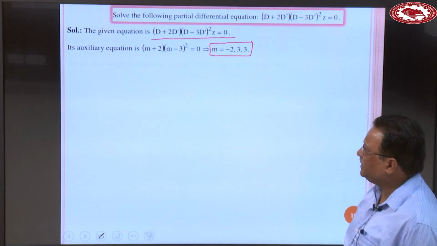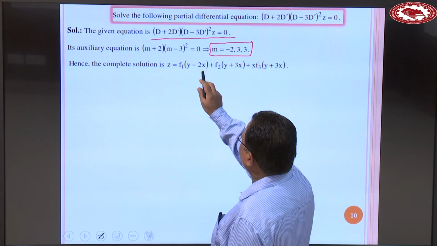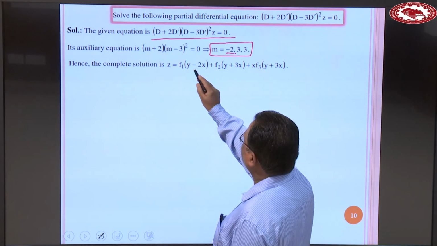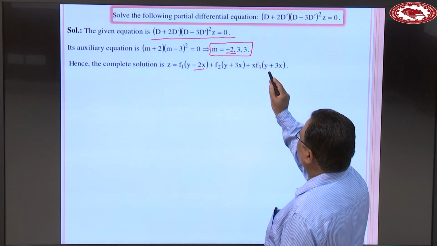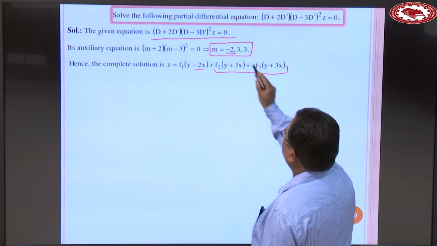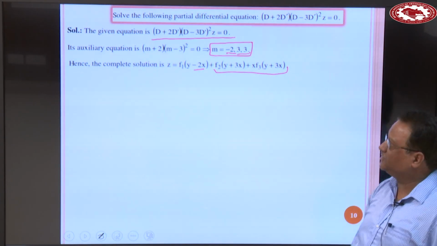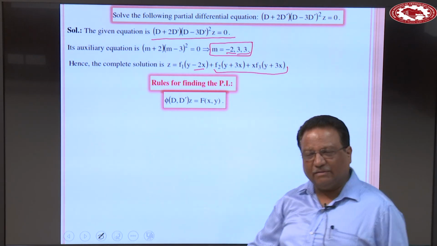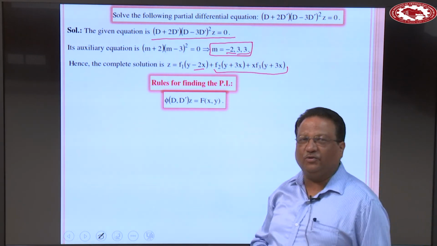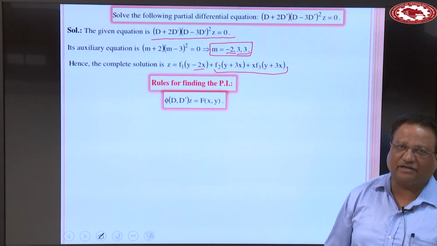Then the solution can be written as function of (y minus 2x), clear, this part, plus function of (y plus 3x) plus x function of (y plus 3x). So these three. In this way you can write the complete solution of this partial differential equation. So when the right side is 0, whatever your complementary function is, that one is the complete solution of the given partial differential equation.